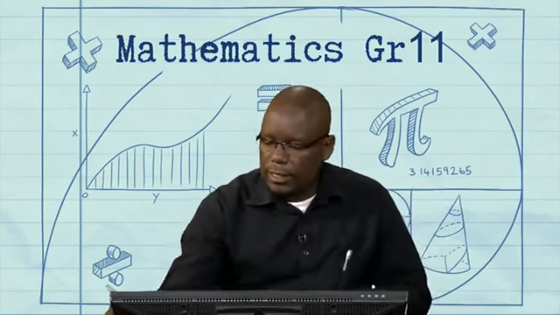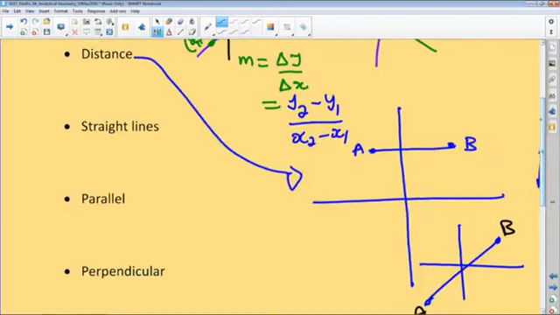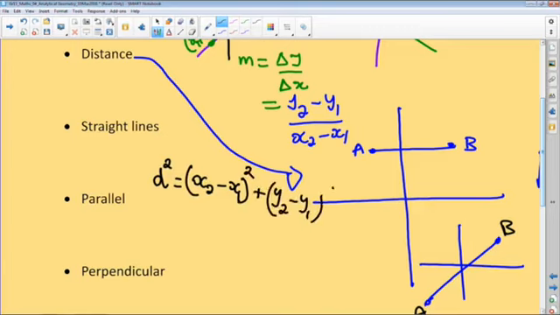The distance is given by d squared equals x2 minus x1 all squared plus y2 minus y1 all squared. Or sometimes other books will say d equals plus or minus the square root of x2 minus x1 all squared plus y2 minus y1 all squared.